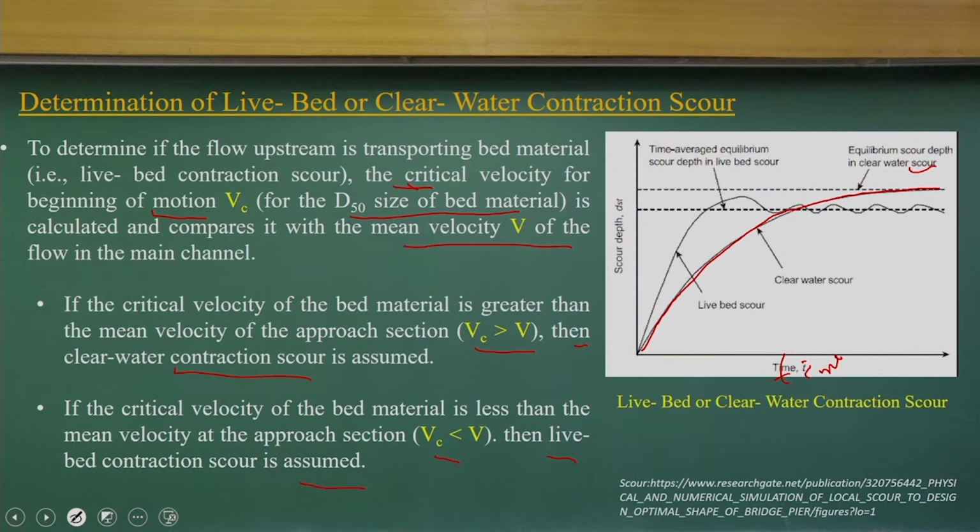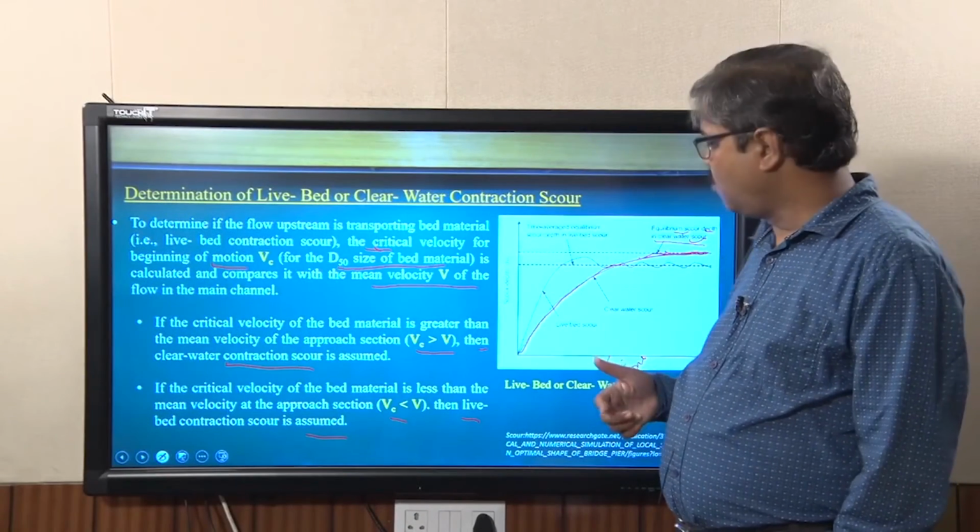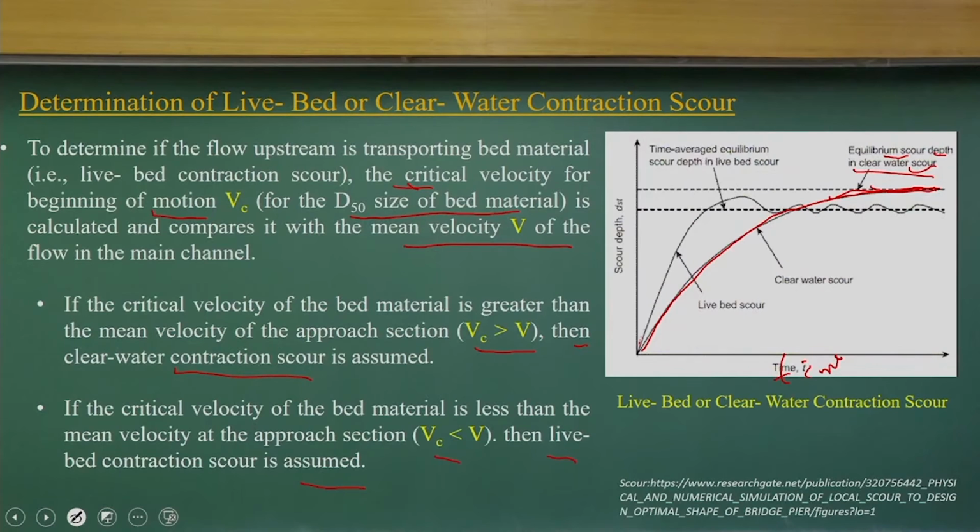With time it increases as a power function and can reach a steady equilibrium level. But in the case of live bed, bed sediment material is coming into the scour hole and being transported again. So the scour accelerates very fast compared to clear water scour.